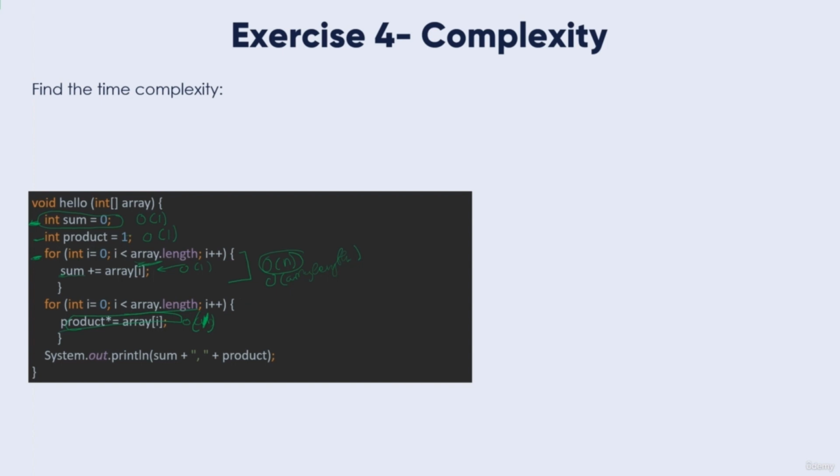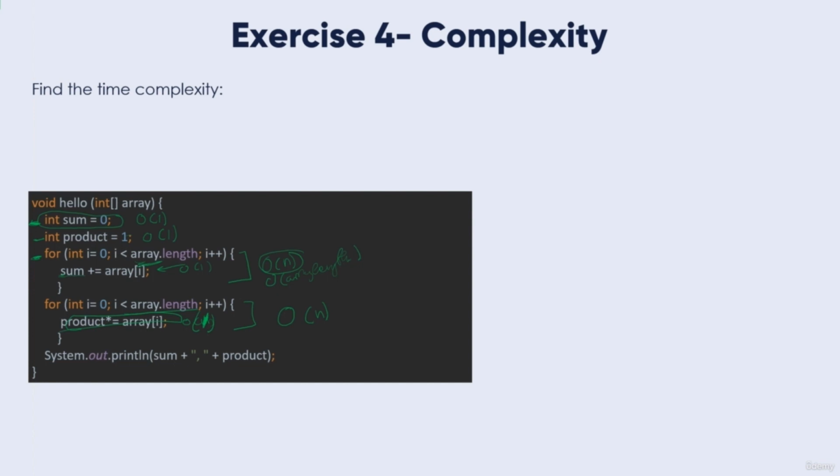But this loop will result in O of n, because we consider array.length as the n variable, okay? This is the notation, and this is what we mean by n.